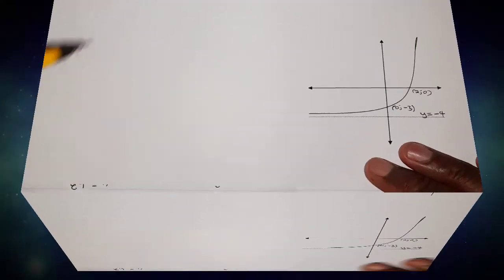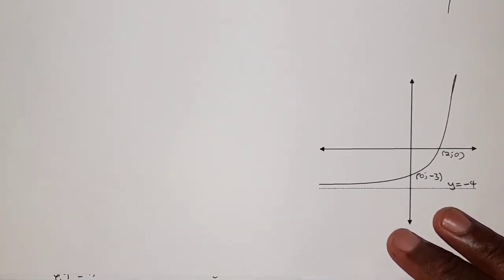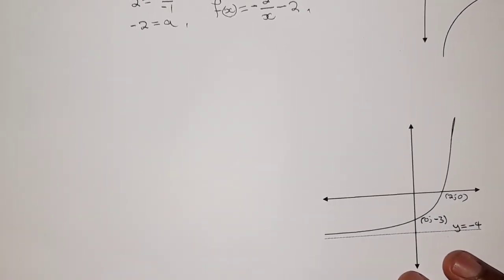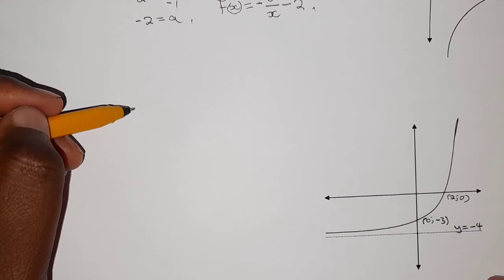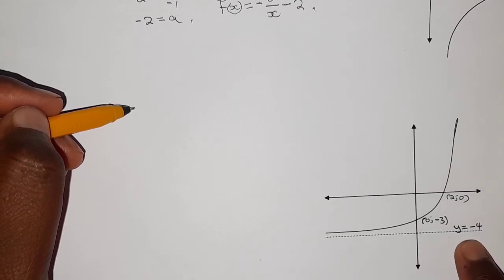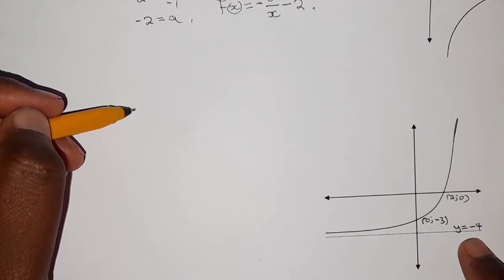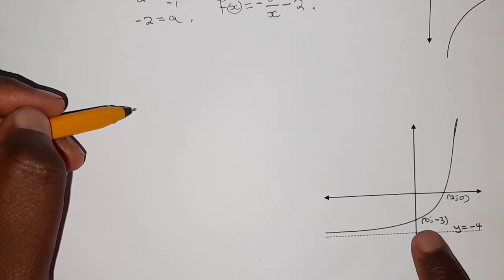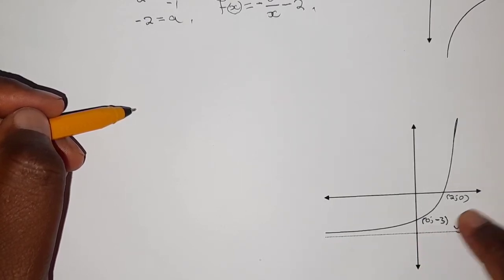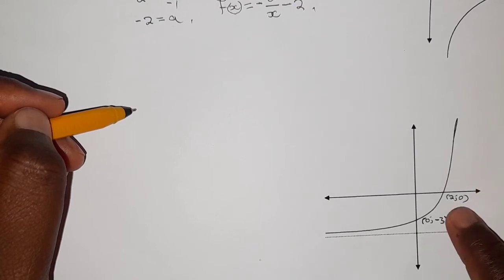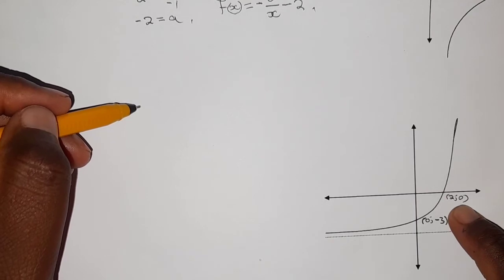This one is called an exponential function. And our exponential function has one asymptote, that is the line y is equal to negative 4, the horizontal asymptote. And then we have the y-intercept at negative 3, the x-intercept at x is equal to positive 2.